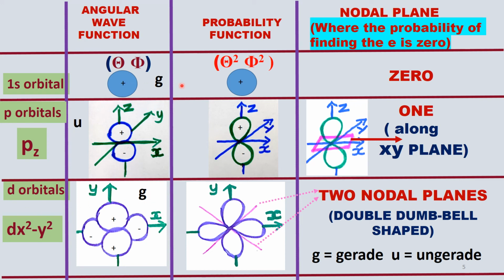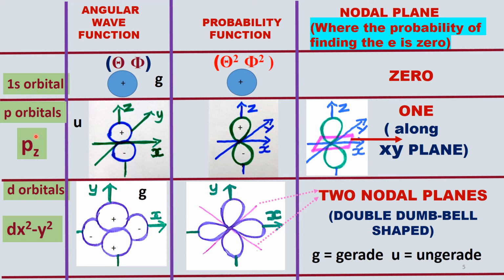What do you mean by GERADE and UNGERADE orbitals? In German, GERADE means the orbital is symmetrical with respect to the inversion center. For example, if you move along the center here, it is plus everywhere, positive. Here, if you move from here along the center, it will be plus and then minus.